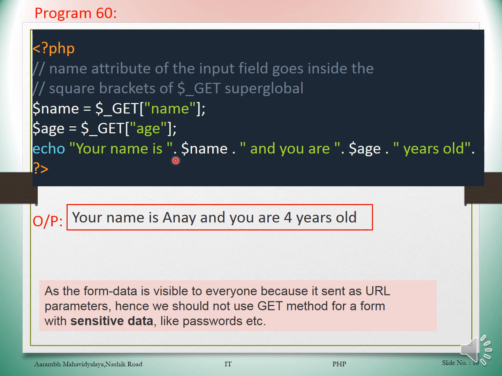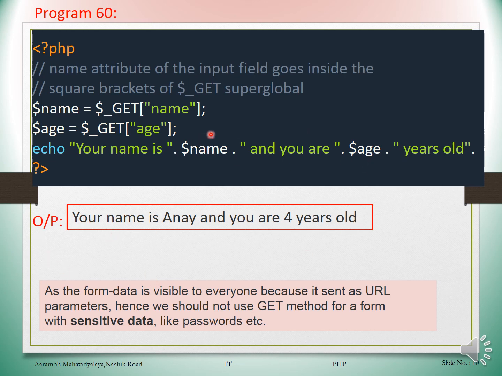Then again simple text, "and you are", then age, and "years old". In this statement all the text will be displayed as it is in your output, and it will display the values of name and age from the user's input data.